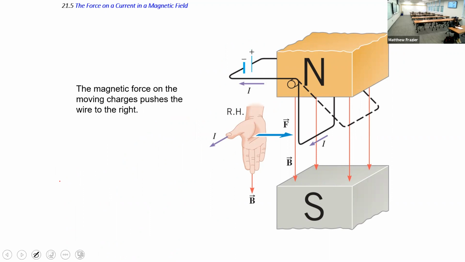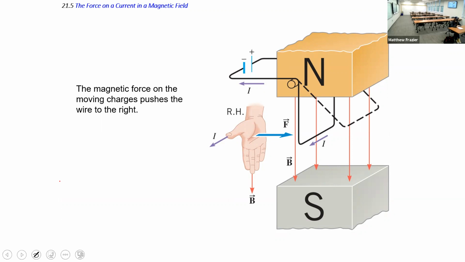Generally, they're electrostatically neutral because you have a real wire and the electrons are all paired up with the protons somewhere in the wire, so there's no net charge. But there are charges moving. The atomic nuclei are generally stationary, and the electrons are flowing through the wire. And so those electrons feel a force.